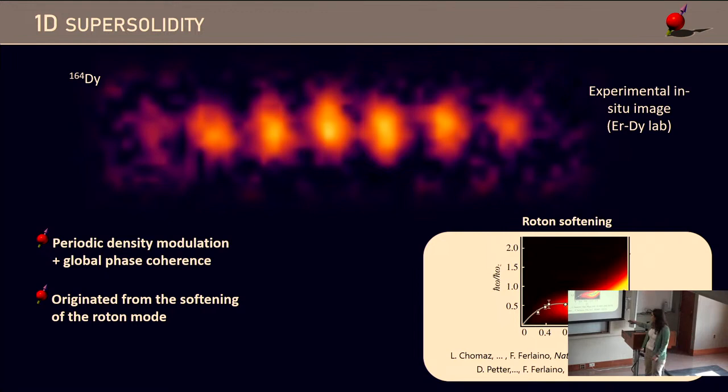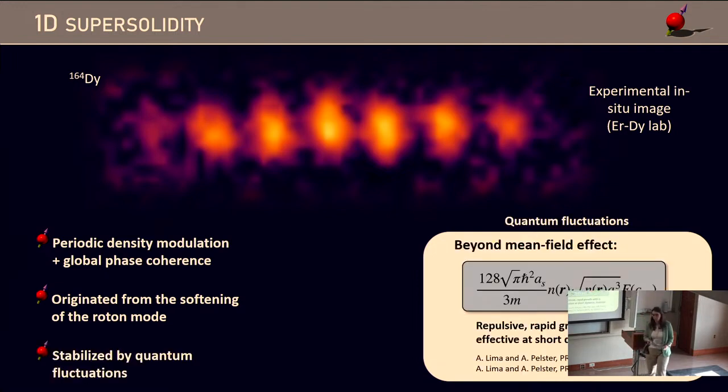By tuning the interaction, when the roton minimum completely softens, and so when the roton gap goes to 0, the system does not undergo a collapse as it is predicted by mean-field theory, but it is stabilized by quantum fluctuations. In the theory we can take these into account by considering the first beyond-mean-field effect given by the Lee-Huang-Yang term. It is repulsive, isotropic, and rapidly scales with the density, and that's why it becomes important when high-density regions form, which are the droplets.